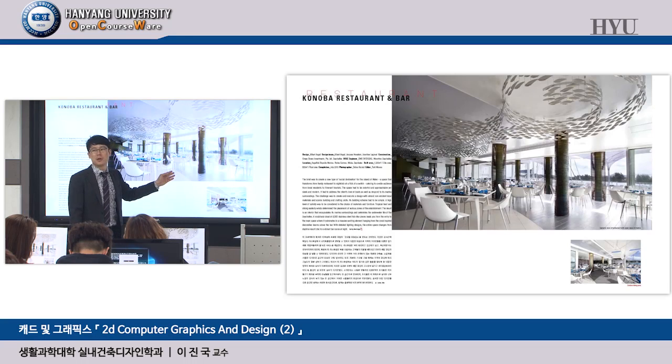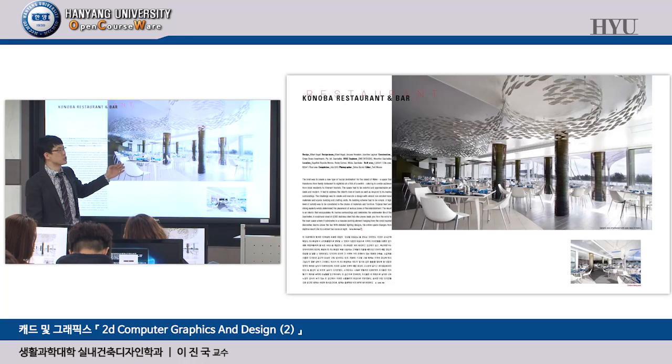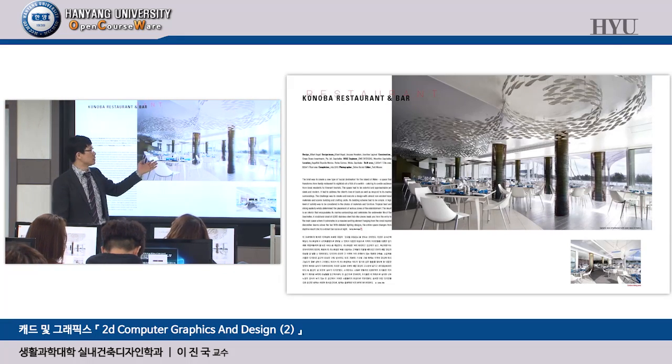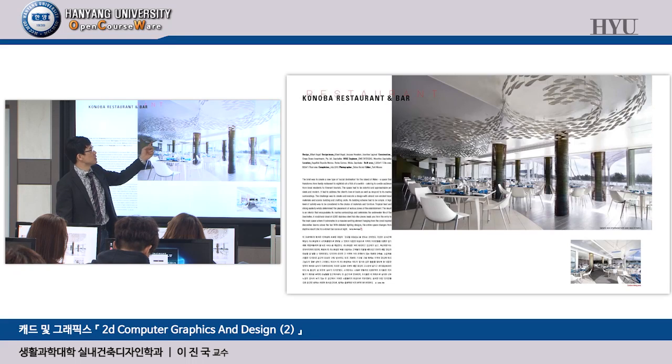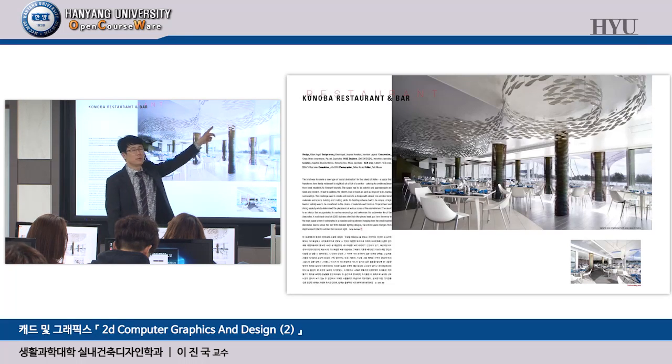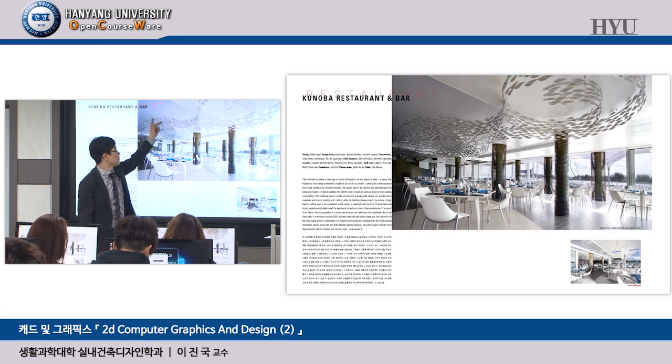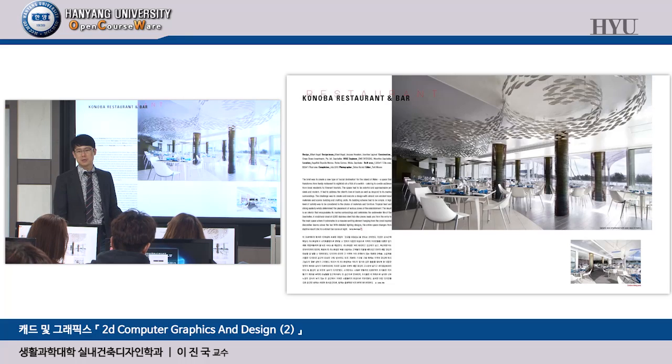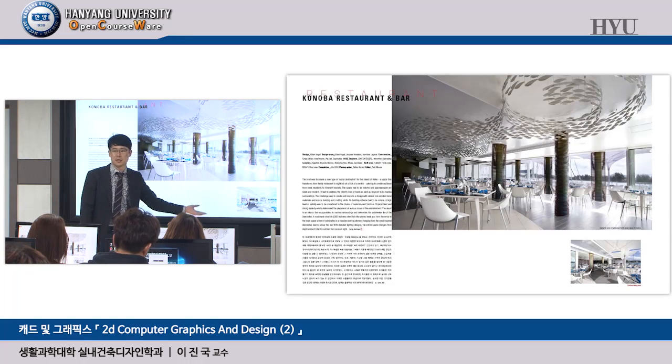And this is, of course, the last picture after the construction, after realizing the design. As you see, the concept of this one is some fishes, okay? It's dynamically moving fishes and some ocean-like design concepts applied for elements in this design.